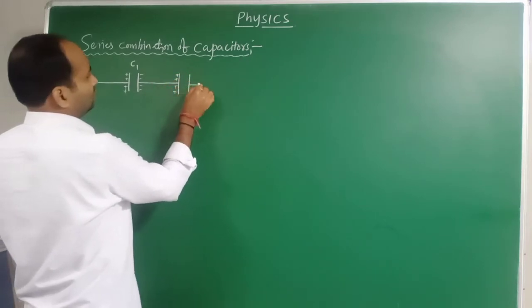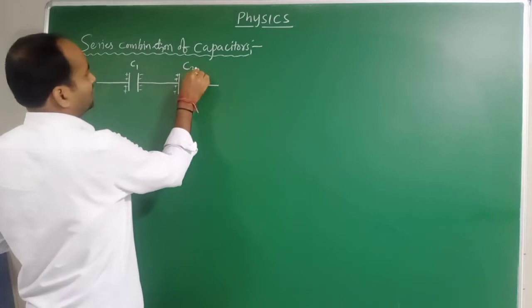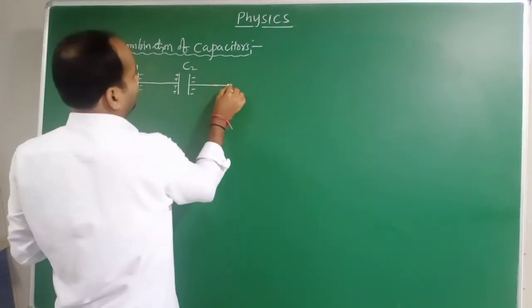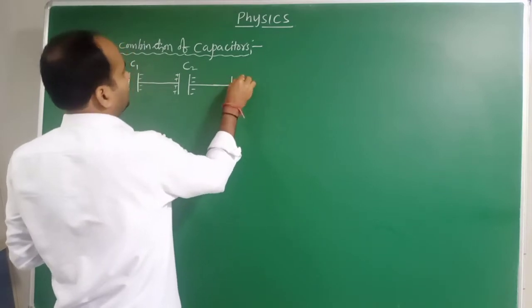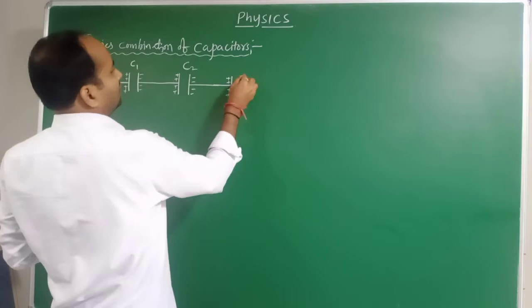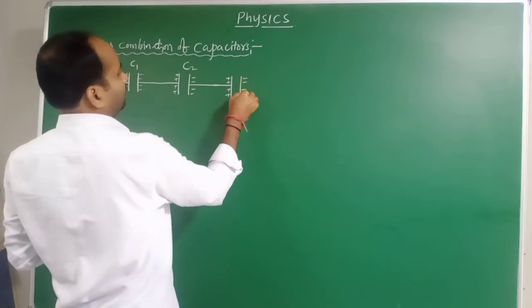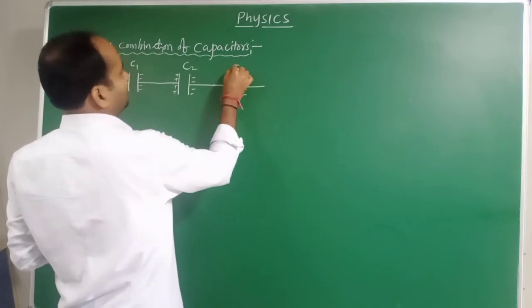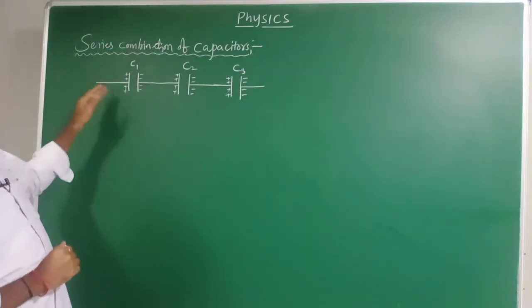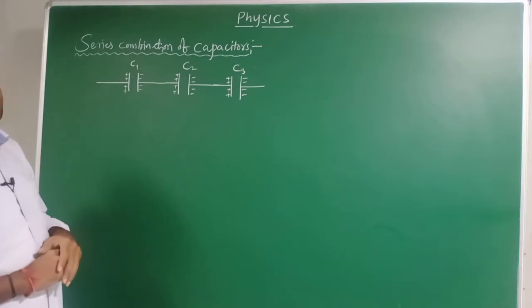This is C2, the second capacitor. The second plate of the second capacitor is connected to the first plate of the third capacitor. This is C3. This end to end combination is called the series combination.